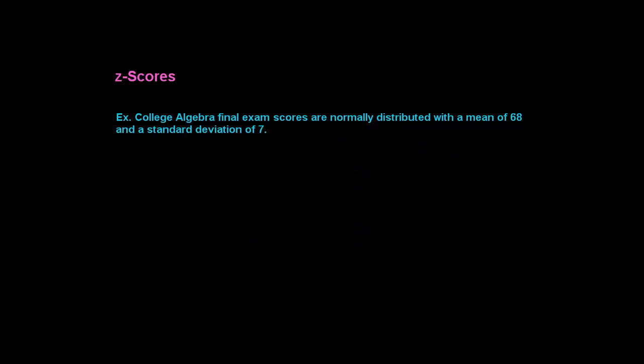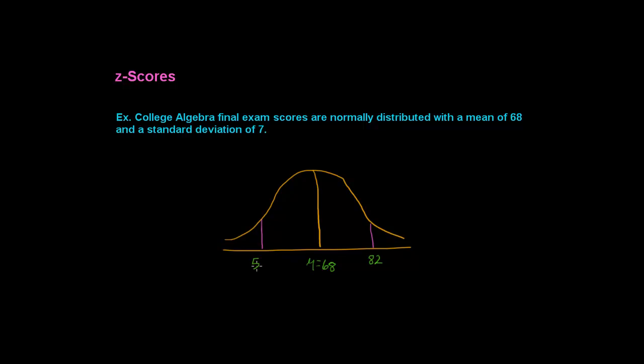Continuing on with that, we expect 95% of the scores to fall between two standard deviations. So again, if our mean is here at 68, well, 2 times 7, our standard deviation, is 14, and 68 plus 14 would be 82. 68 minus 14 would be 54, and so we would expect that 95% of our test scores would fall between these two endpoints, 95%.